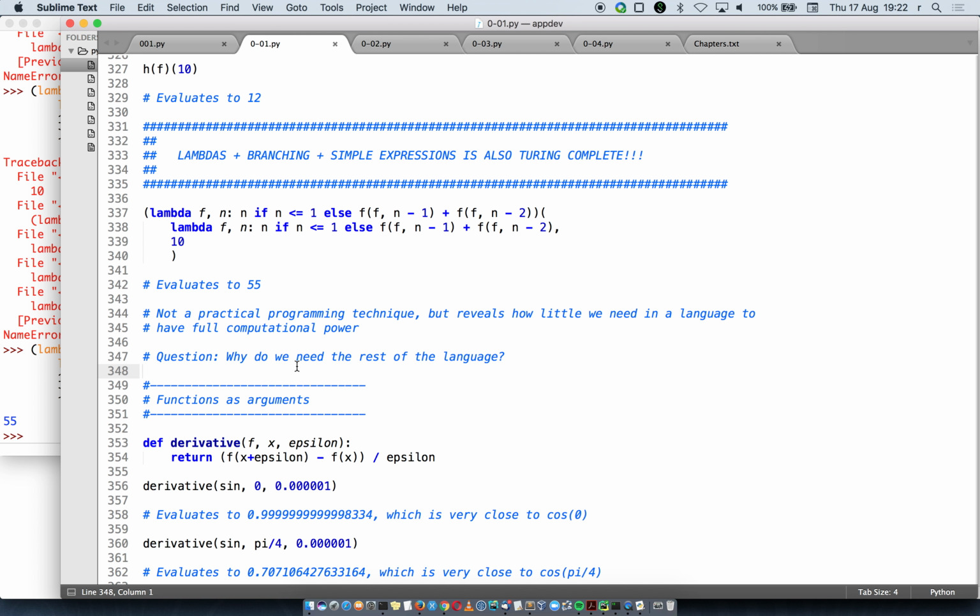Okay, so we toyed around with functions, right? And let's see some examples where it's really useful to have functions as arguments. You've seen functions as arguments, but those were toy examples. So one function that needs to take another function as argument is the derivative, right? So how do we define the derivative? Typically, it's defined as a limit, right?